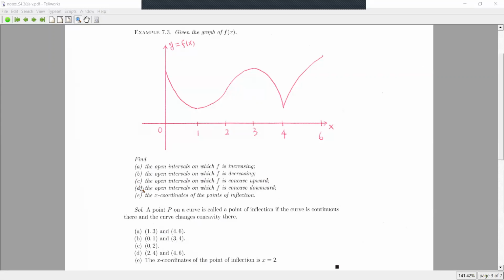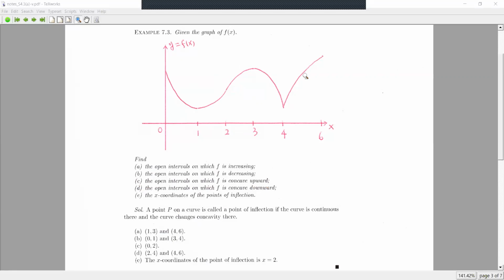The third question, find the interval on which the function is concave up. Now examine the graph of the function, where the graph is concave up. I can see that this portion is concave up from this point to this point.